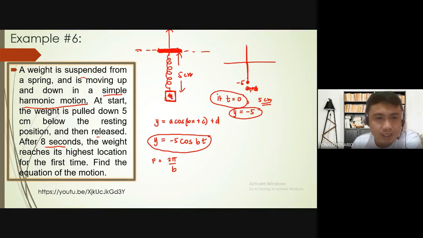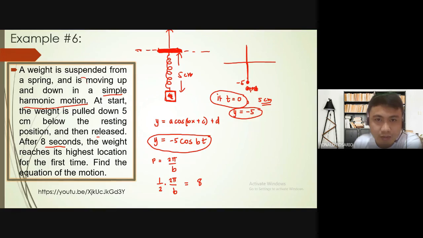So since pag bumalik siya after 8 seconds doon sa original, kalahati lang yun. Nagiging kalahati nung original. So that is 1/2. So ibig sabihin, 1/2 times 2 pi over b is equal to 8 seconds. Kasi nga kalahati ito. Kalahati nito times dun sa period, that is the 8 seconds. So kapag buo yan, hindi naman babalik yan dun sa kabuuan hanggang doon.